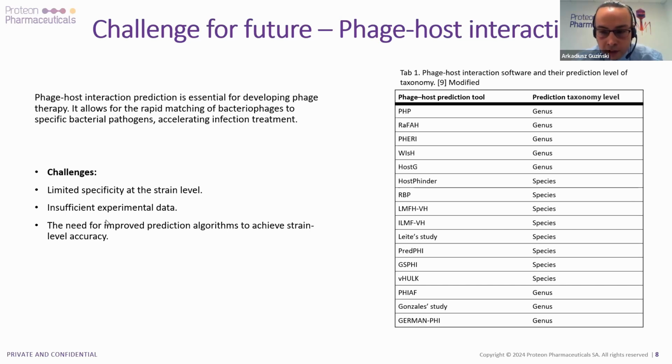But achieving strain-level specificity remains quite elusive. This limitation is largely due to a lack of experimental data and comprehensive databases. Moreover, phage-host interactions involve more than just binding to receptors, because bacterial defense mechanisms such as CRISPR-Cas or restriction-modification systems often come into play, making the prediction process even more complex. Right now, most researchers, as I see in the publications, are struggling with developing such a model.